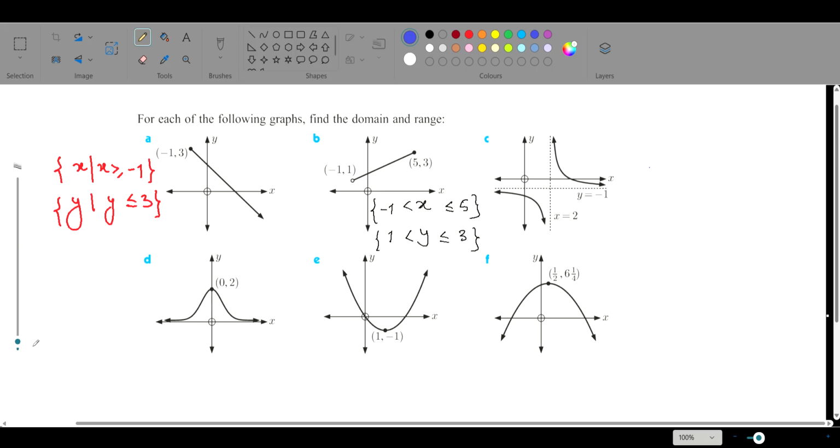Here the domain will be all real numbers except x not equal to 2. Similarly, y is also all real numbers except y not equal to -1.